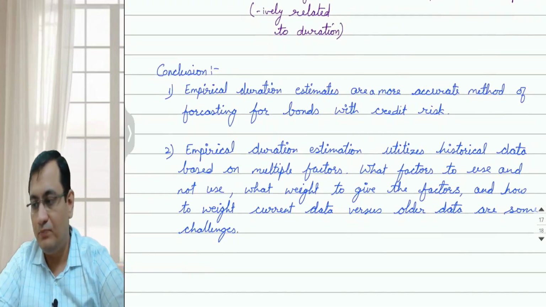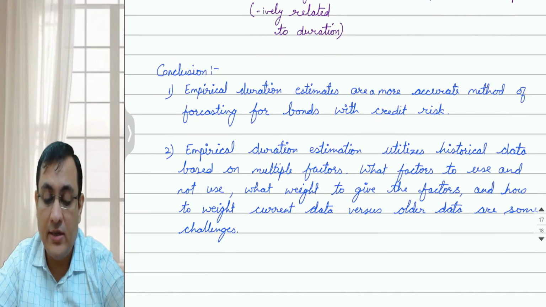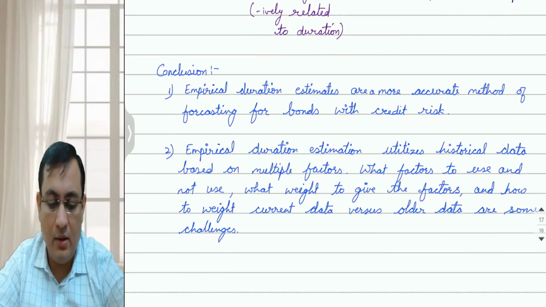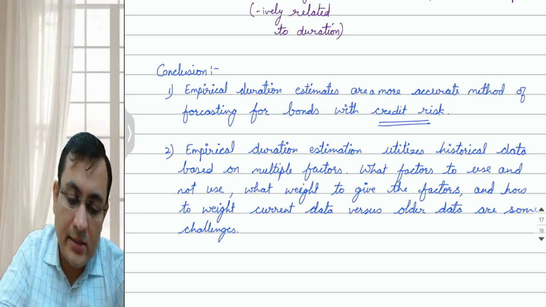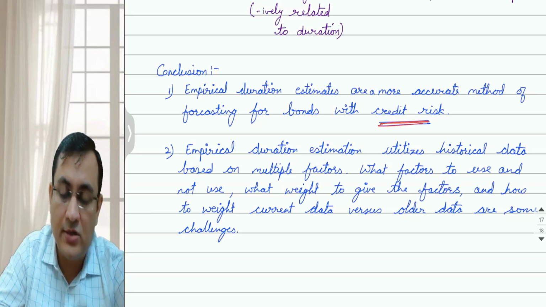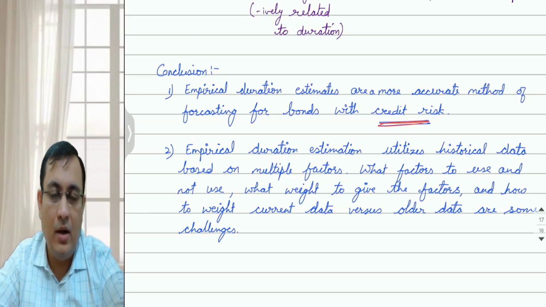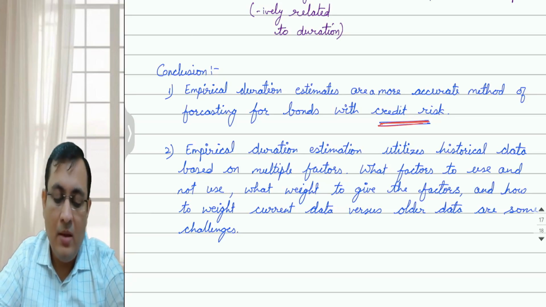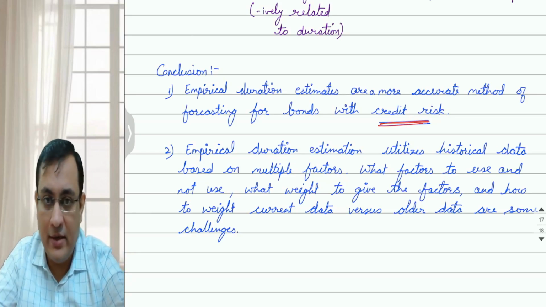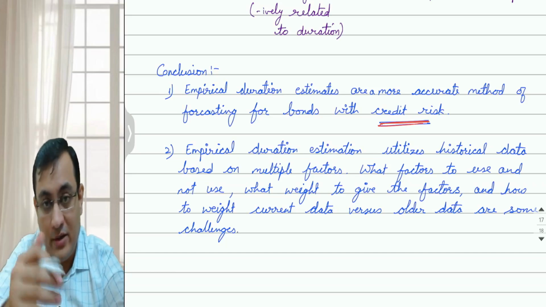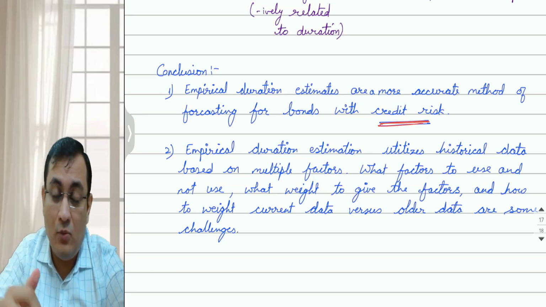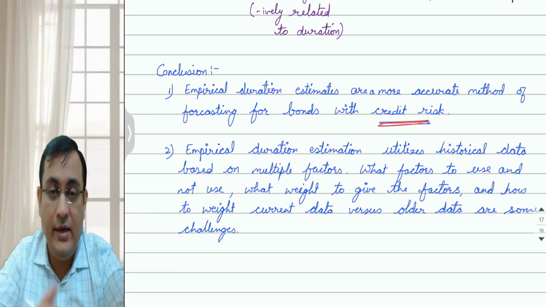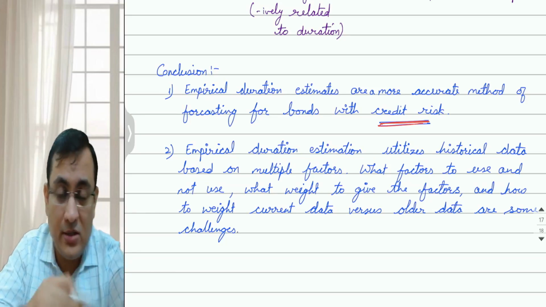Conclusion, last. Empirical duration estimates are a more accurate method of forecasting for bonds with credit risk. When there is credit risk, it is better to use empirical duration over the mathematical analytical duration. But it is difficult to calculate. It is more accurate but difficult, because here you have to assume various factors: which factors, how much weightage to be given to each factor, whether a factor should be considered or not.